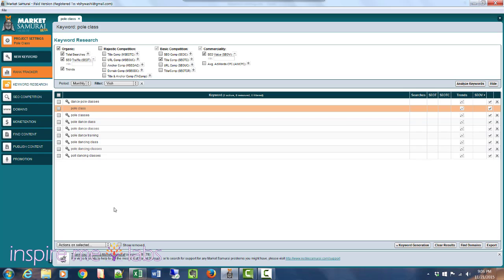Because if the person who's done the blog post, or who's made that page, has this keyword in the title tag, then they're obviously trying to do some SEO, or that keyword is a primary keyword they're trying to target. I mean, it's a main keyword for that page.